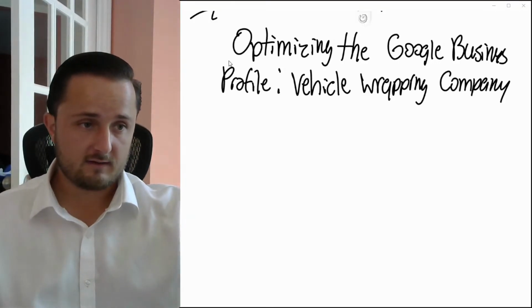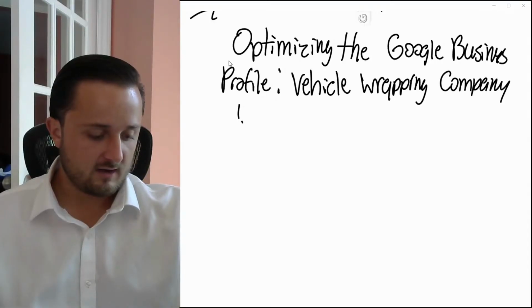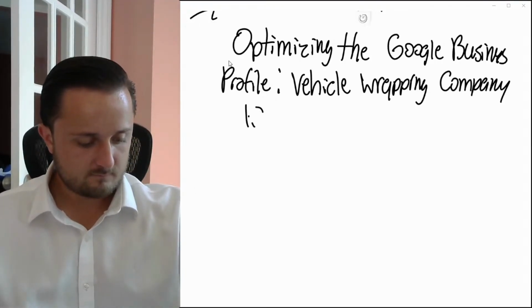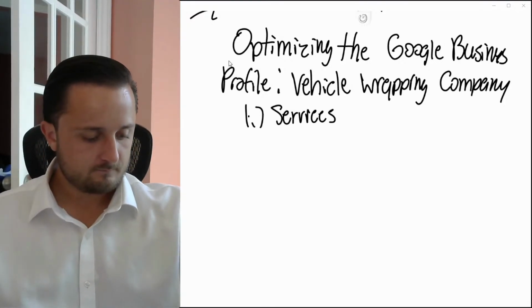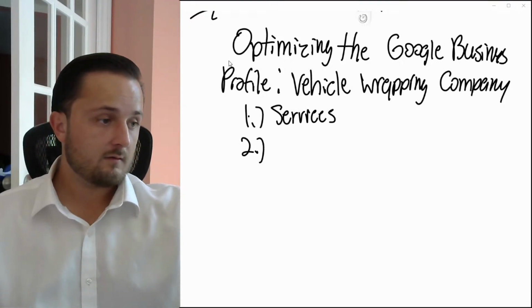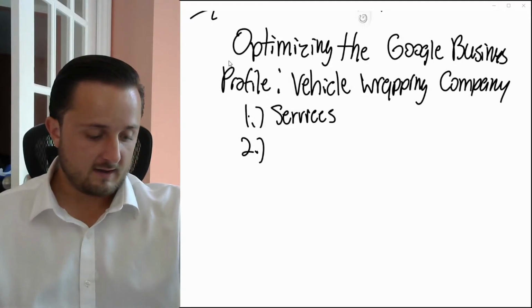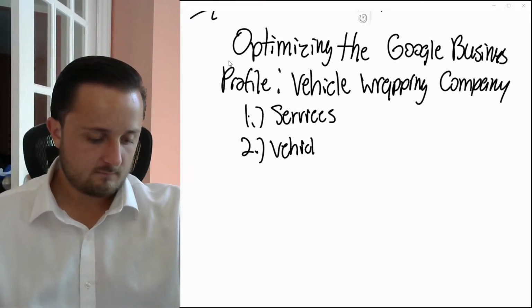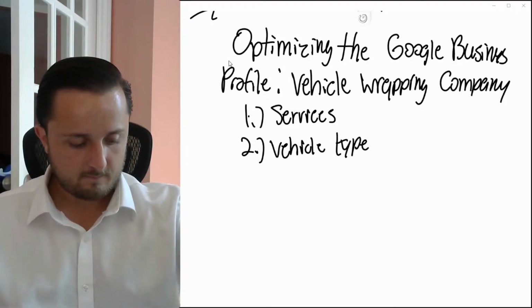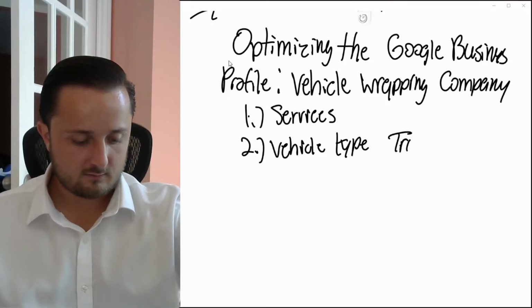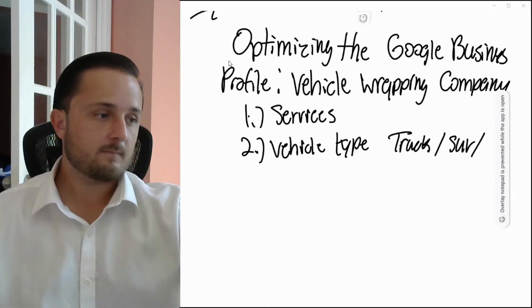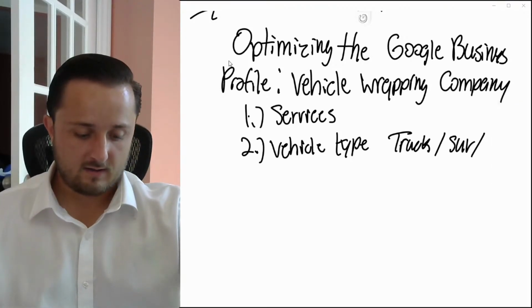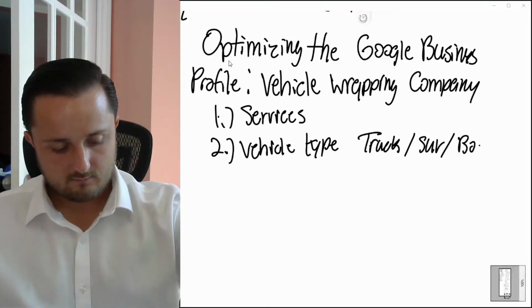So for optimizing the Google Business Profile, we've got to list services. For these, we're going to do it by vehicle type, like truck, SUV. Then we've also got by boat.